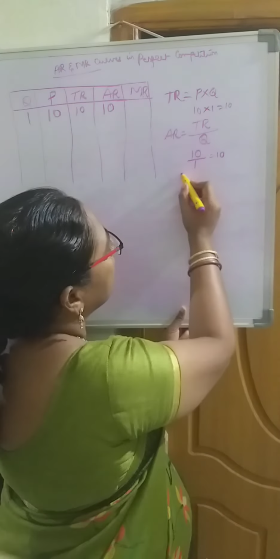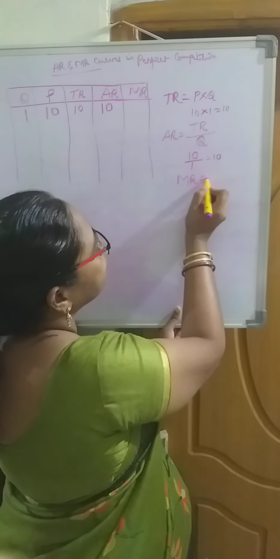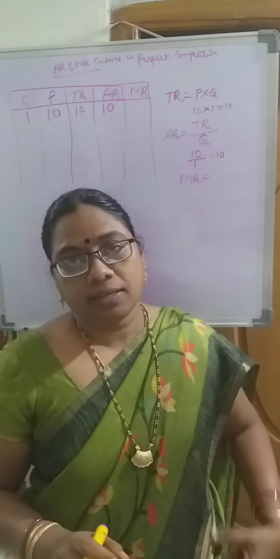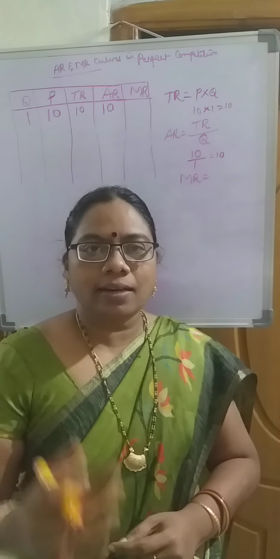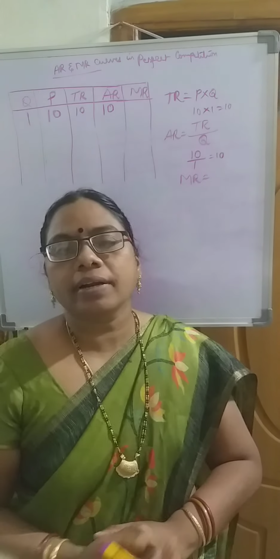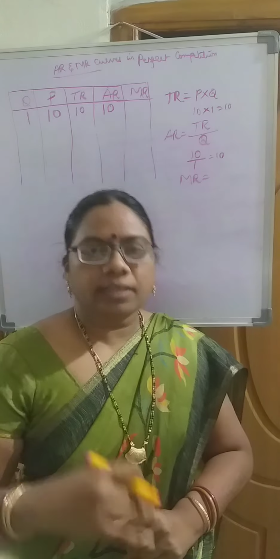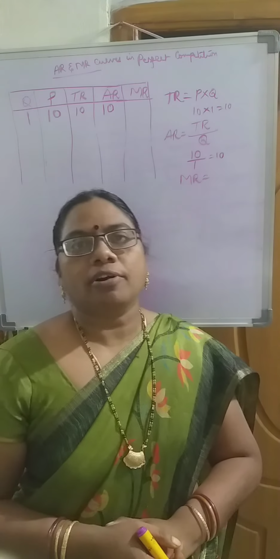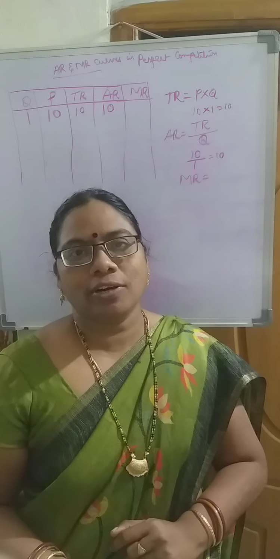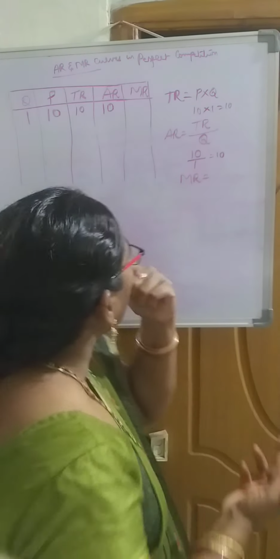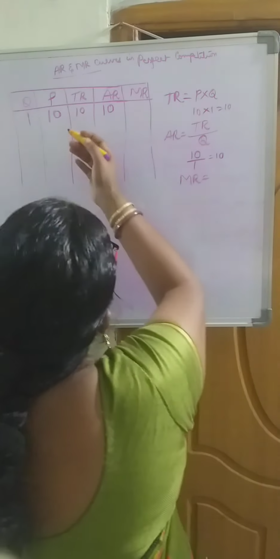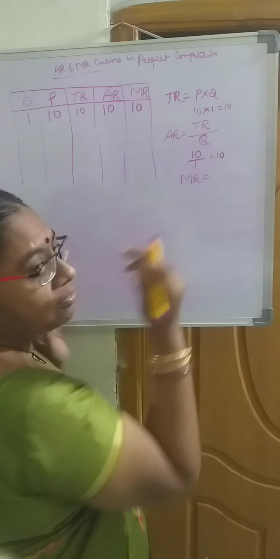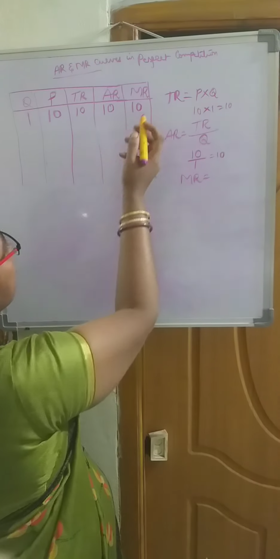And what is MR? Marginal revenue. Marginal means something additional. When he is selling an extra product, the extra amount he is getting for the extra product is called additional revenue or marginal revenue. From next onwards, I will explain MR in detail.